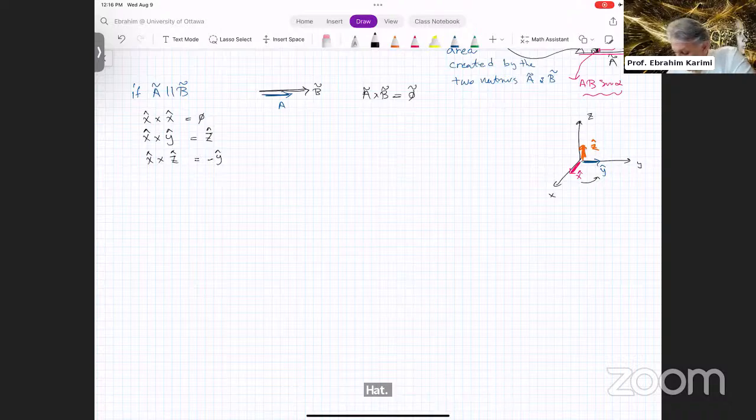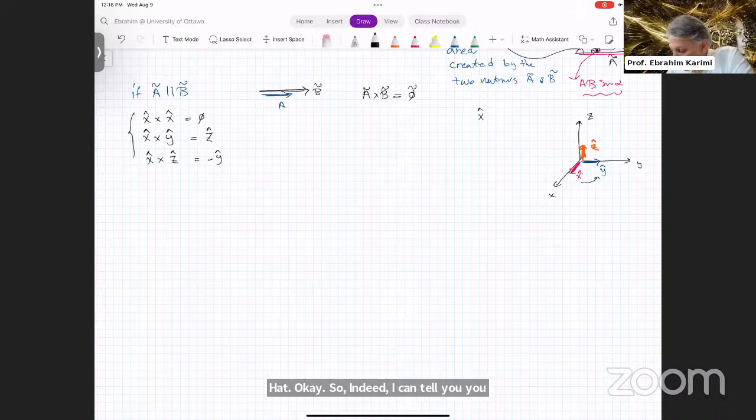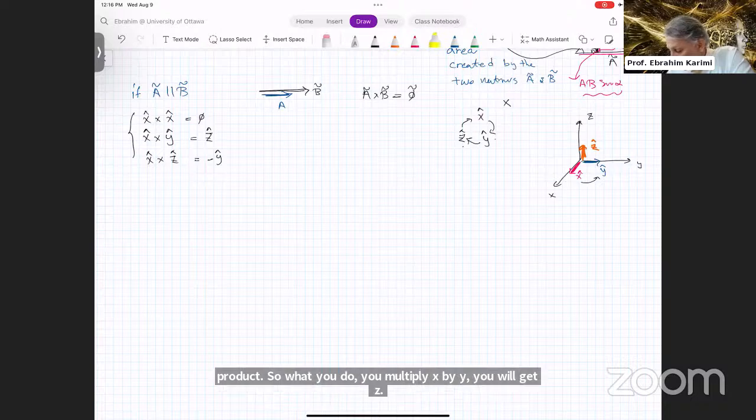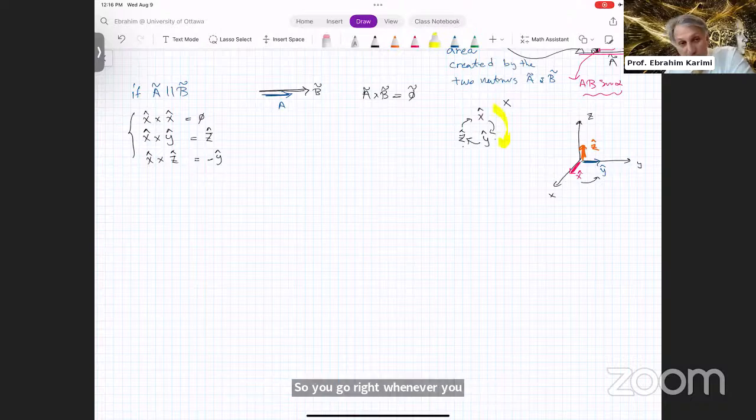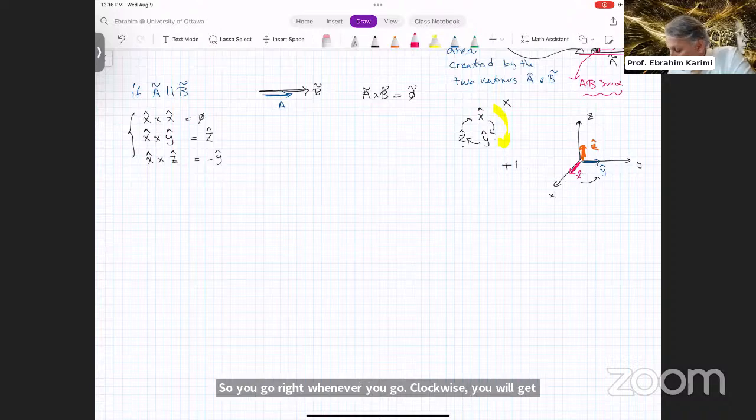Okay, so indeed, I can tell you a simple relationship. You can go with the permutation that you have. Whenever you want to calculate the cross product, you multiply X by Y, you will get Z. So whenever you go clockwise, you will get a positive sign. Whenever you go counterclockwise, you will get a negative sign.